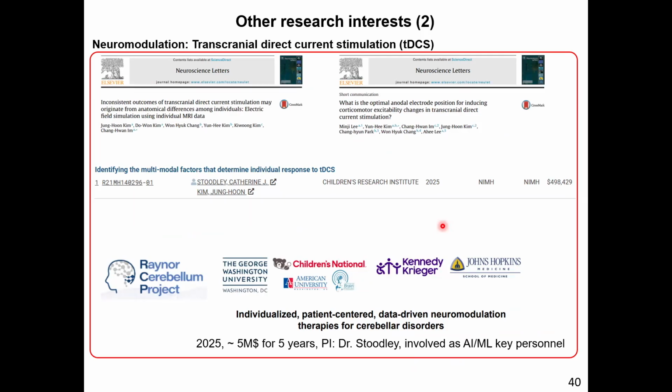And surprisingly, this R21 grant was accepted very recently, even considering all of the challenges at the NIH and so on. Plus, our proposal was also accepted in the RCP, the Rainer Cerebellum Project. It was for $5 million for 5 years, and I'm enrolled as an AI/ML key person.